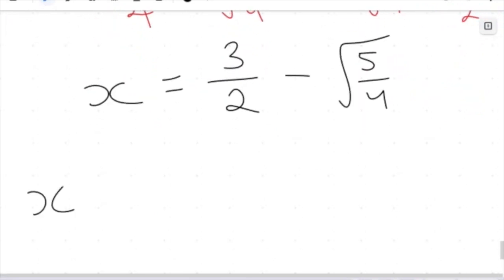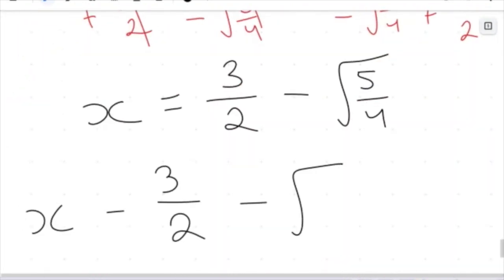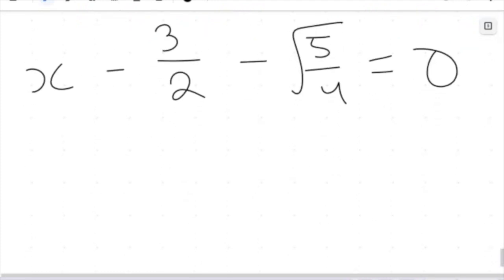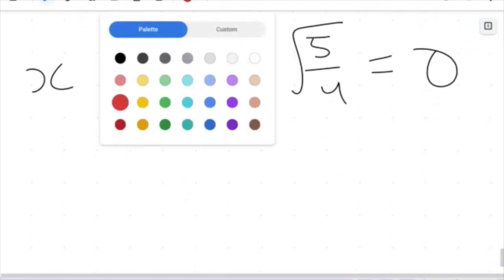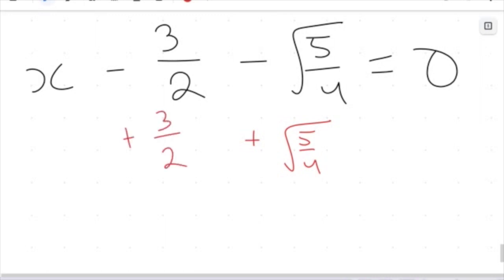So I have x minus 3 over 2 minus root 5 over 4 equaling 0. And then I just want to solve this equation to give me x on its own on the left-hand side. I'm going to do that by adding root 5 on 4 and 3 on 2.